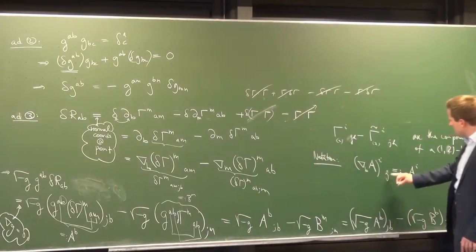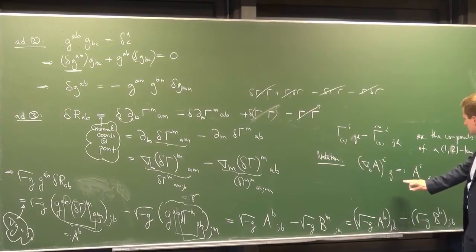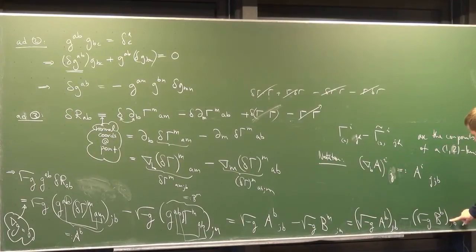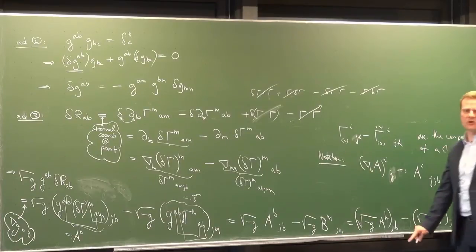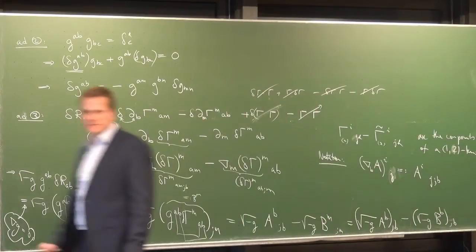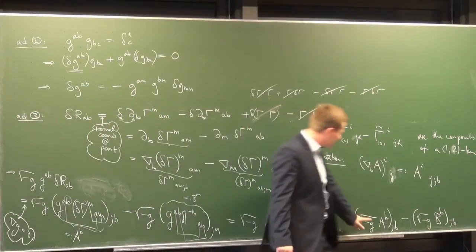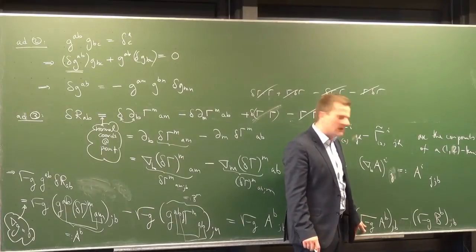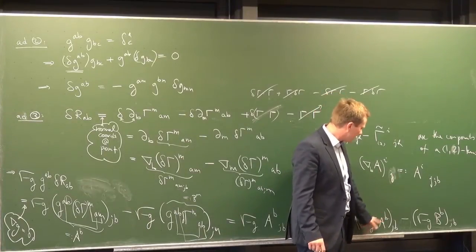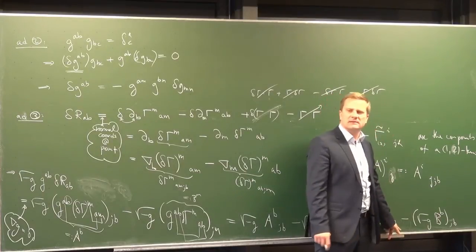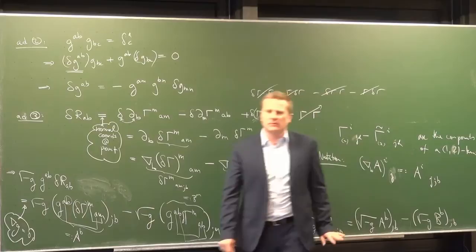Comma is partial. And then you have a product, and the partial goes on this guy, and this guy will reproduce itself, but also produce the gamma symbol that goes with the A, not the full gamma symbol, but the right contracted gamma symbol.